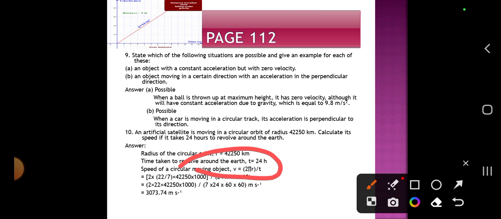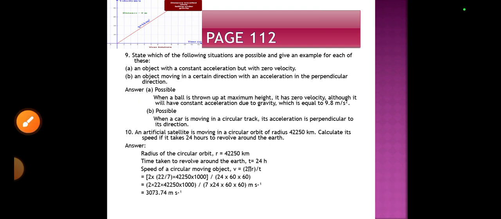The distance is the circumference of the circle, that is 2 pi r. And the time is given, 24 hours. After putting all this data in the respective manner, you will get the speed as 3073.74 kilometers per hour. So this is the solution.